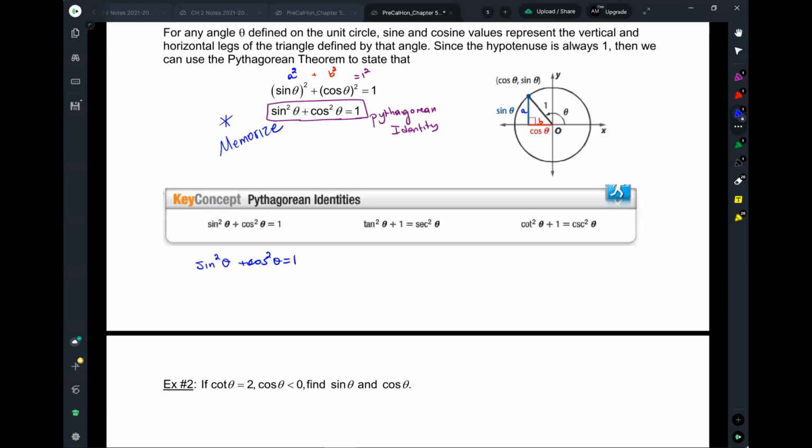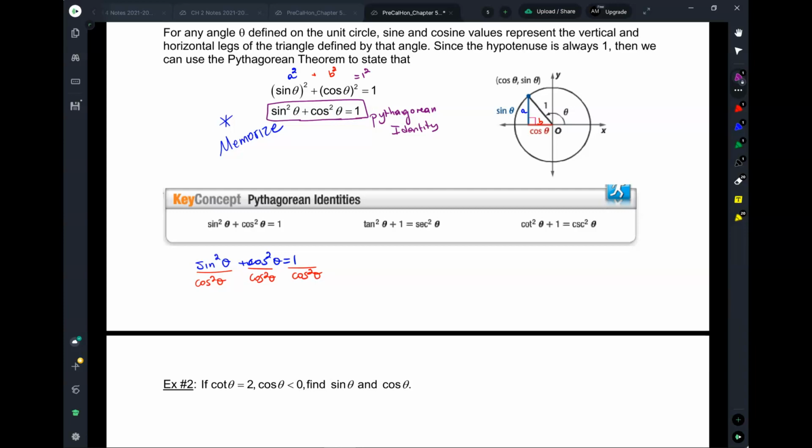Because look, let's take sine squared theta plus cosine squared theta equals 1. And just for fun, let's divide all of these by cosine squared theta. Why? Just because we can. So I'm going to divide this by cosine squared theta, cosine squared theta, cosine squared theta. What's sine over cosine? Tangent. Now, sine squared over cosine squared is tangent squared.